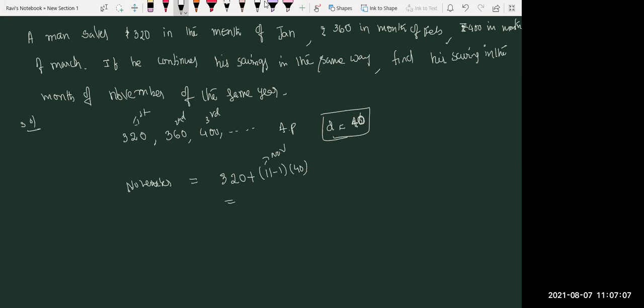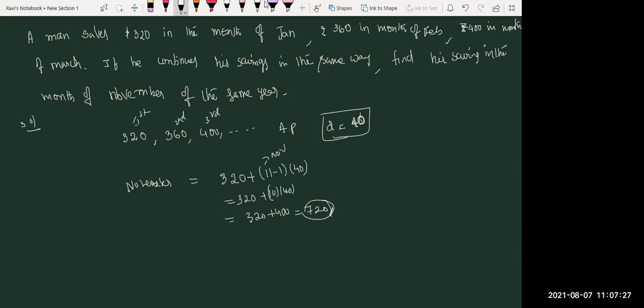So 320 plus 10 into 40, 320 plus 400, 720 rupees. You can save 720 rupees in the last.